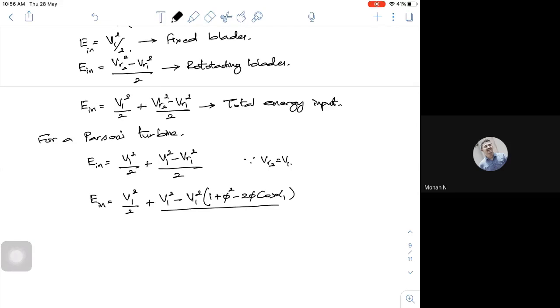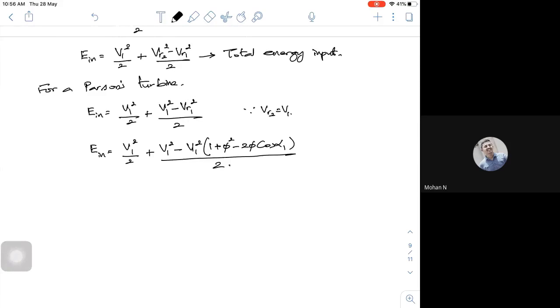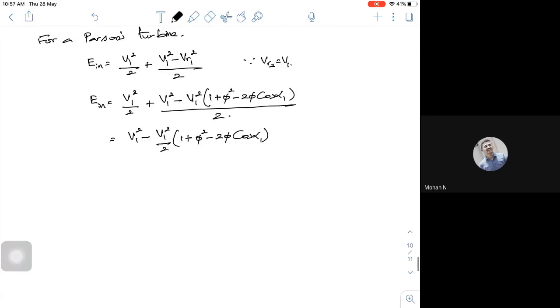Simplifying, minus into minus becomes plus, plus into minus becomes minus.